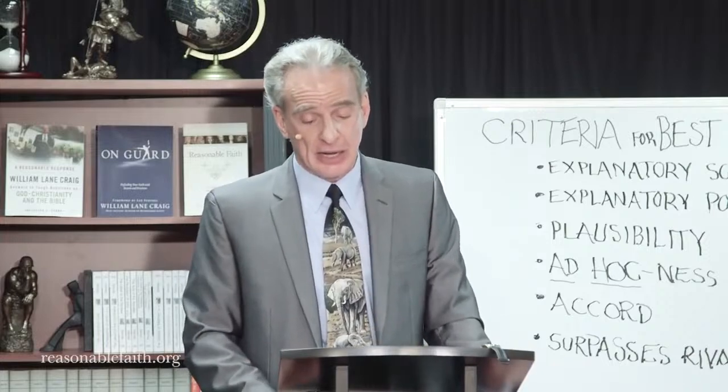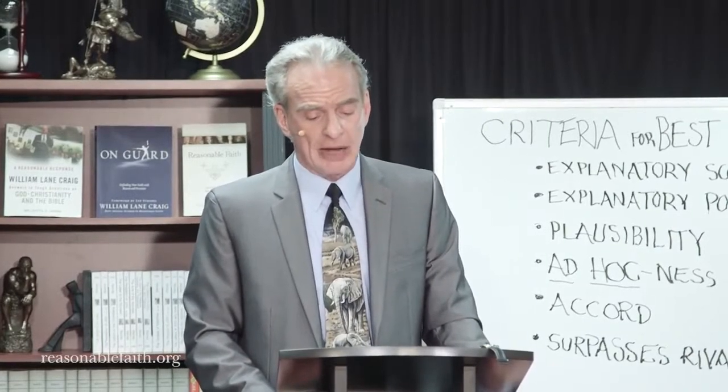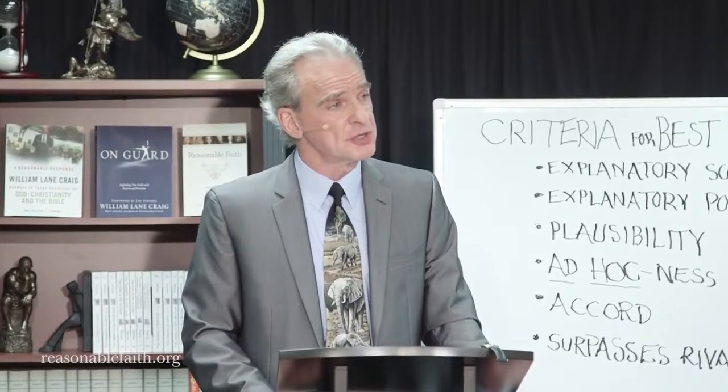The theory is disconfirmed from what we know about Jewish burial procedures for criminals, such as I just mentioned a moment ago. Finally, does it significantly exceed its rivals in meeting conditions 1 to 5? Well, again, no historian thinks that this hypothesis outstrips its rivals in meeting these criteria.